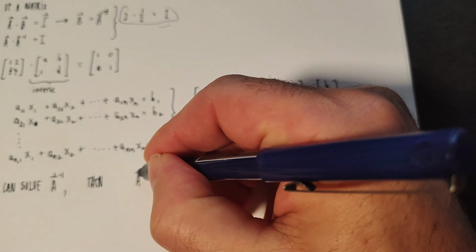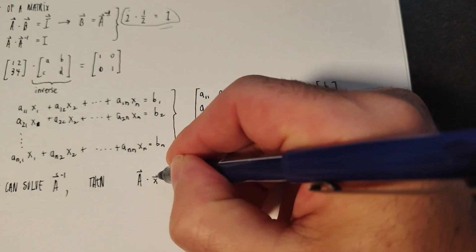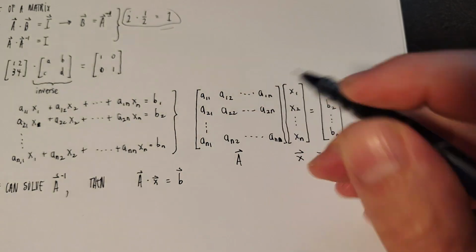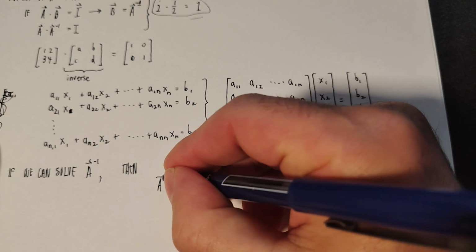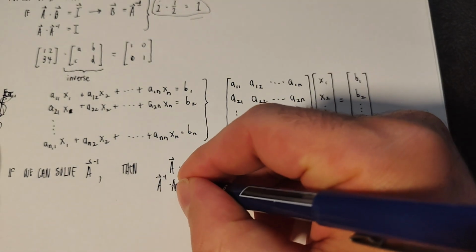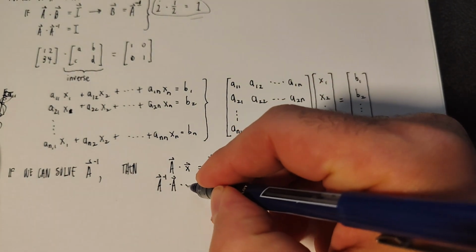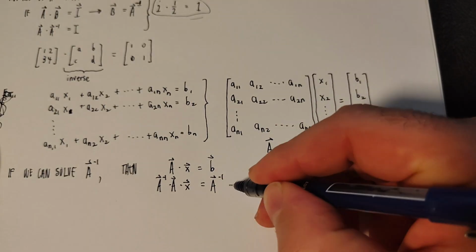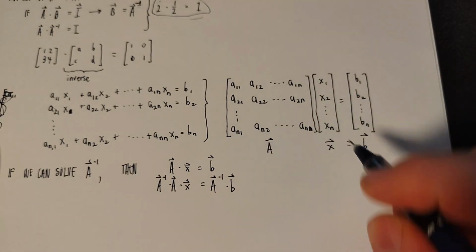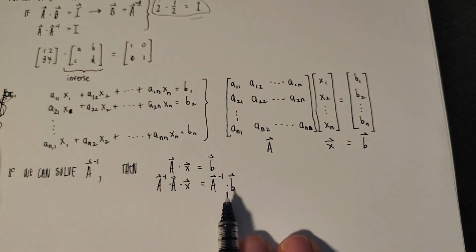Then we have A times x is equal to b. If we left multiply by the inverse, A inverse times A times x is equal to A inverse times b, because what we do to the left-hand side, we have to do to the right-hand side.